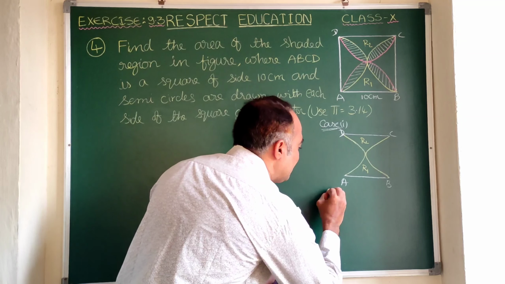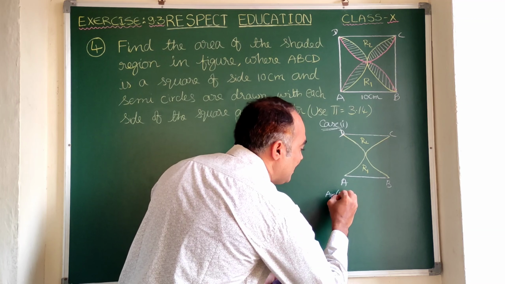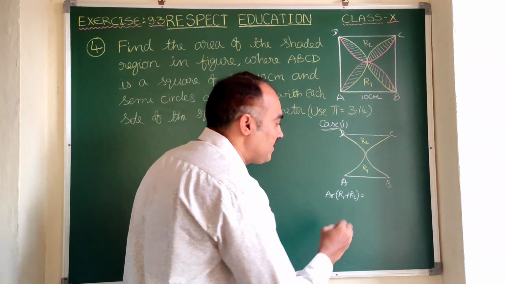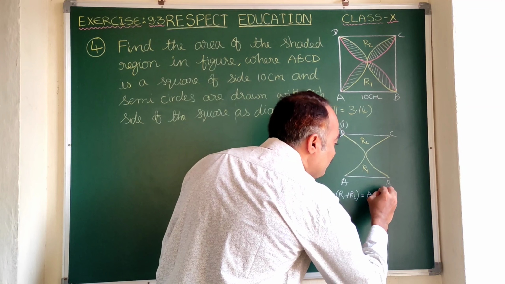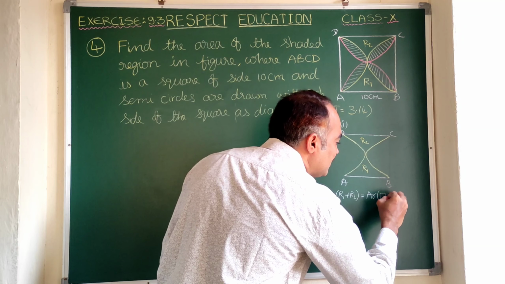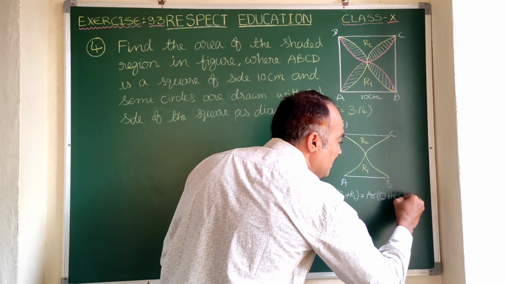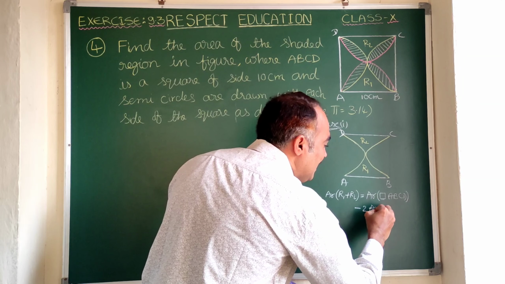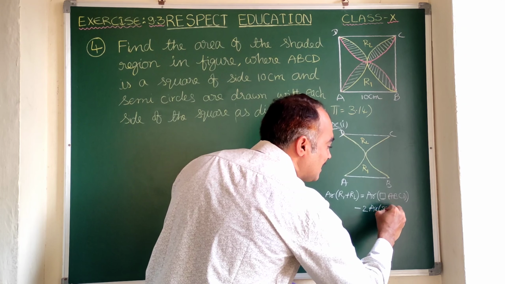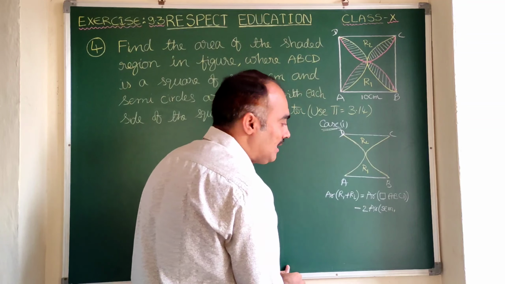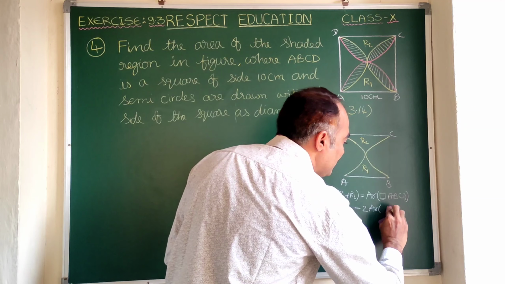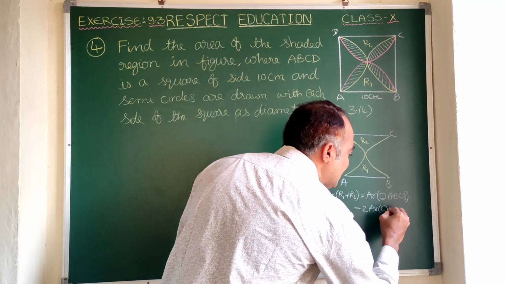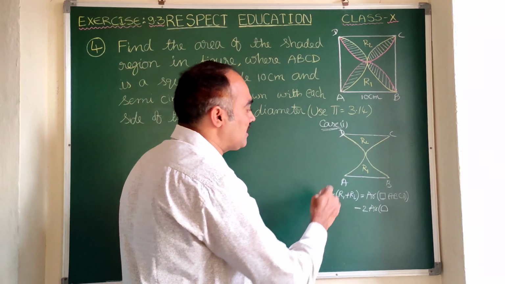So here we can write the area bounded by R1 plus R2 is nothing but the area of the square ABCD minus 2 times the area of the semicircles. What are the semicircles?